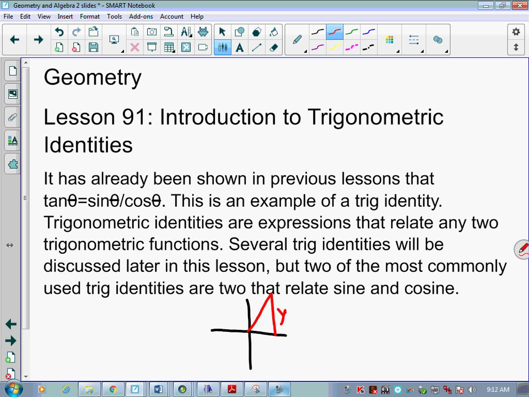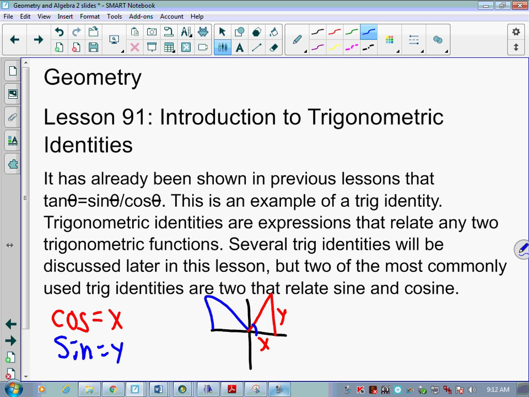Cosine is going to be equal to that x-axis, right? Because it's adjacent, it's always going to be the side that's on the x-axis. Does that make sense? Right, so cosine equals x, and sine is going to equal y, because if you look at from here, y is always that opposite, right?